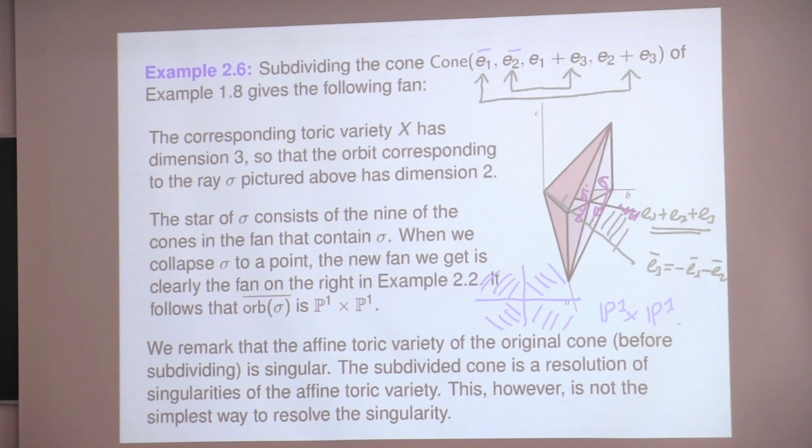Do you have a question over there? Can you see what is actually the orbit, not the closure, but the orbit? Yes, these orbits are all well understood. They are actually tori of smaller sizes.